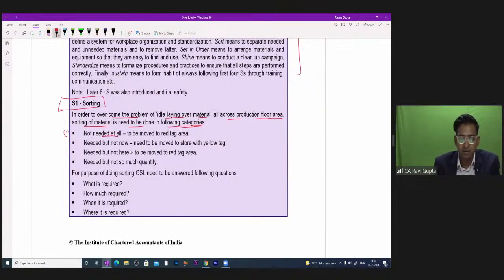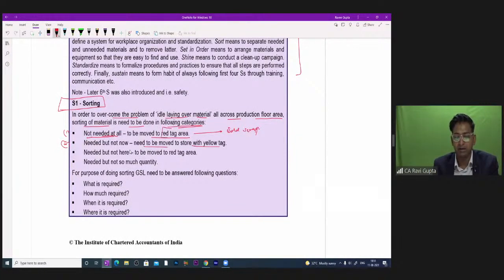So here we have: not needed at all. It needs to be moved to the red tag area, and it can also be sold as scrap. Second, needed but not now. We need it but not now. Need to be moved to the stores with a yellow tag.